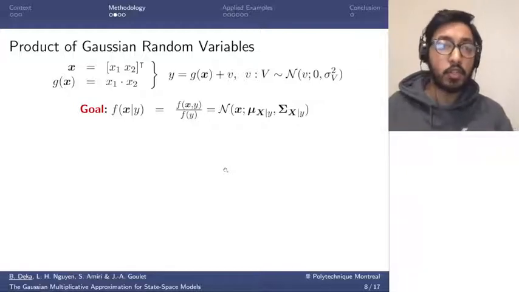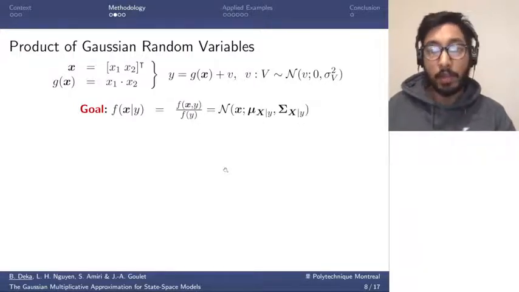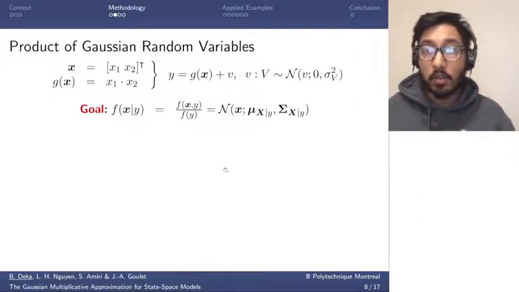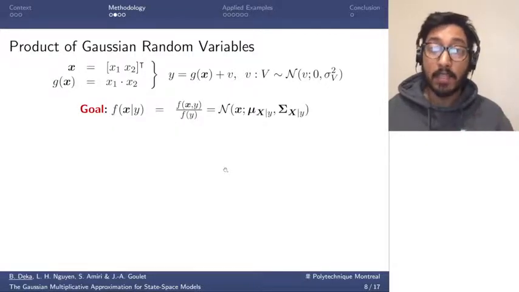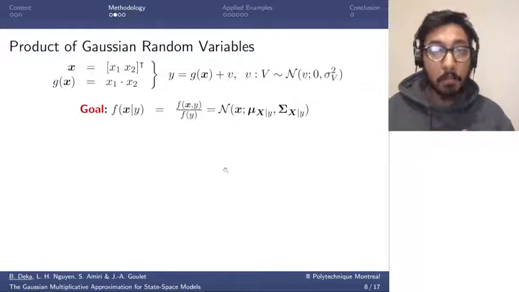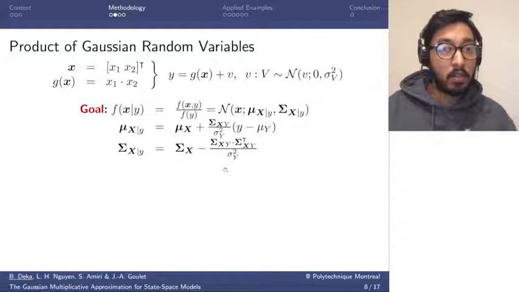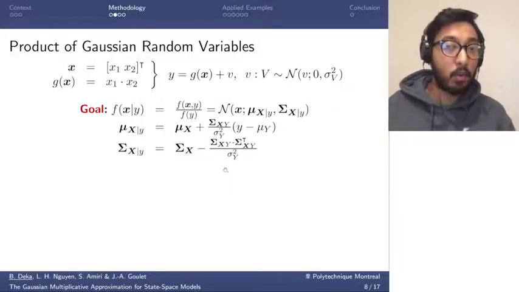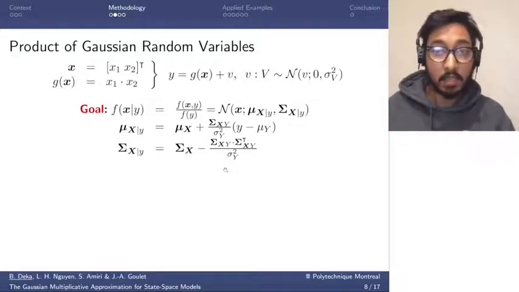Now, if we can ensure that the posterior distribution f of x given y is a Gaussian, for which the parameters would be mu of x given y and sigma x given y, we can ensure that we have a closed form solution. So we can obtain mu x given y and sigma x given y through simple mathematical equations. These are the equations that we can obtain using Gaussian conditional equations.